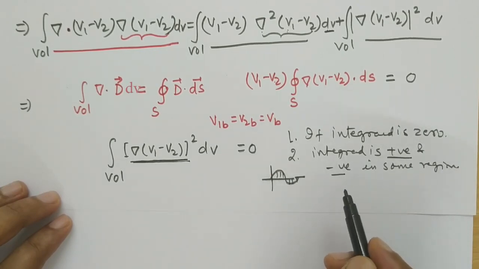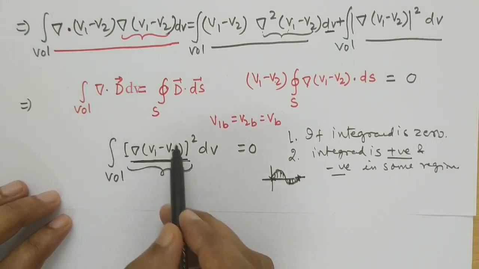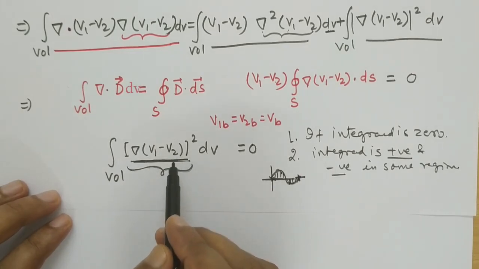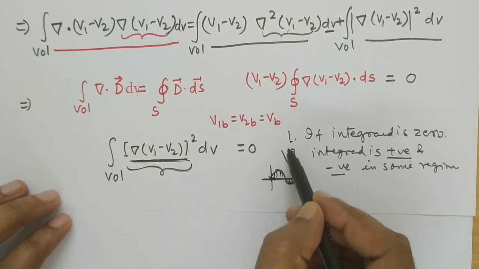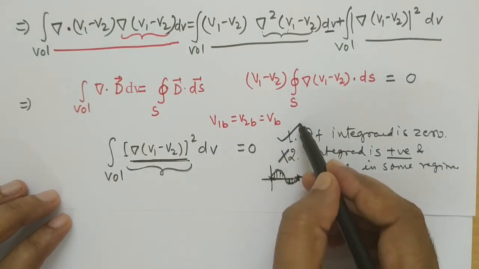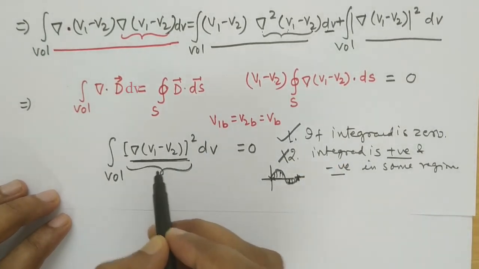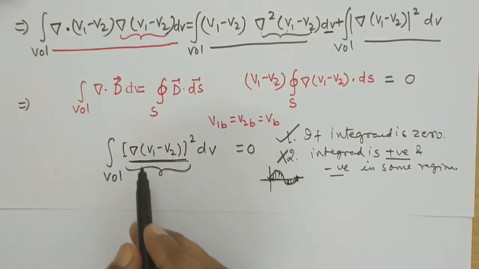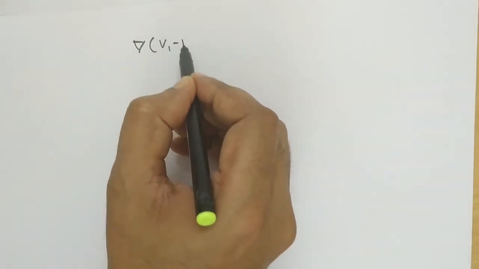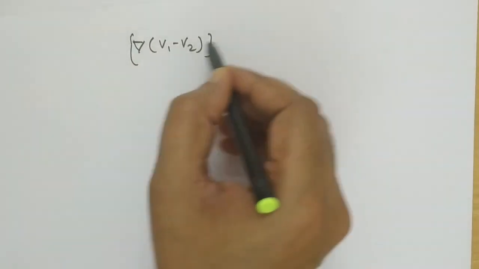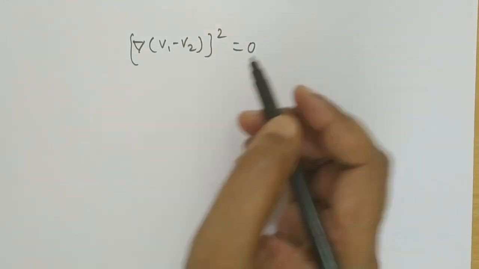Here, this function is a square of something which cannot be negative for some reason. So it means that the second reason is not valid. So first reason is valid, means integrand itself is 0, and we can say that this function itself is 0. So you can write del V1 minus V2 square must be 0.